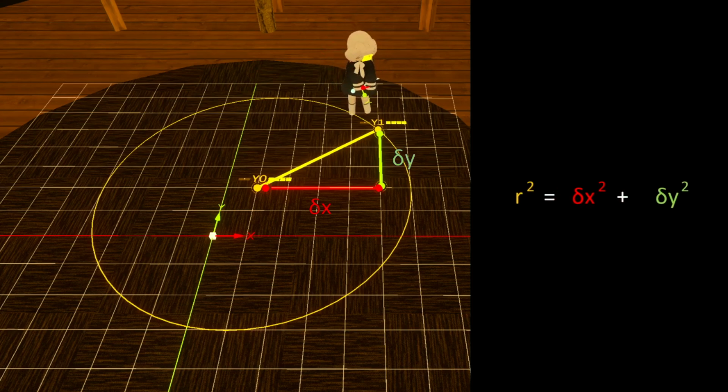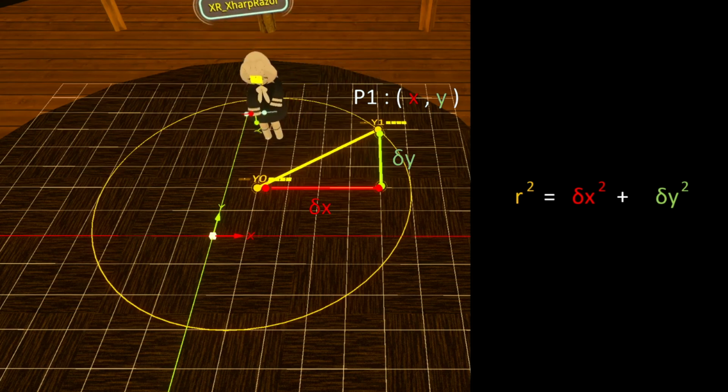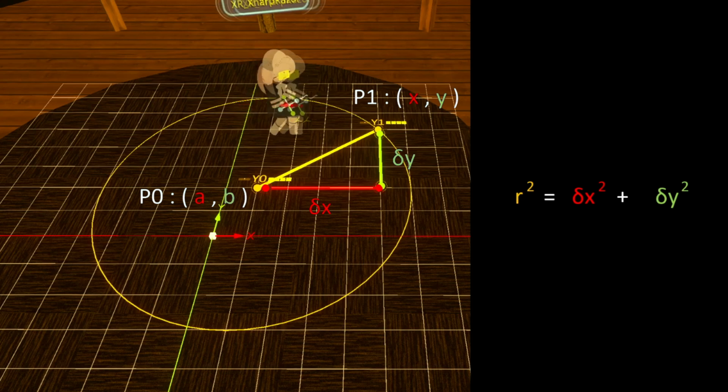So the coordinate for p1, because p1 can be anywhere on the circle, let's just call it x comma y. And the coordinate for our center point, let's call it a comma b.